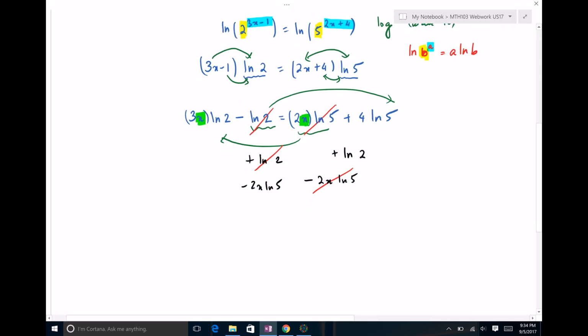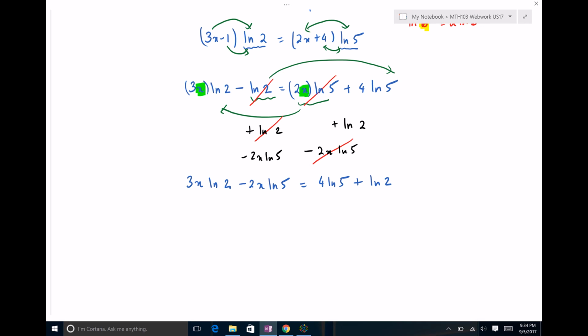So I'm left with 3x times natural log of 2, and now remember I brought the negative 2x natural log of 5 over here, equals, I had 4 times natural log of 5 on this side, and plus I added natural log of 2. Again, what we're looking to do is solve for x.